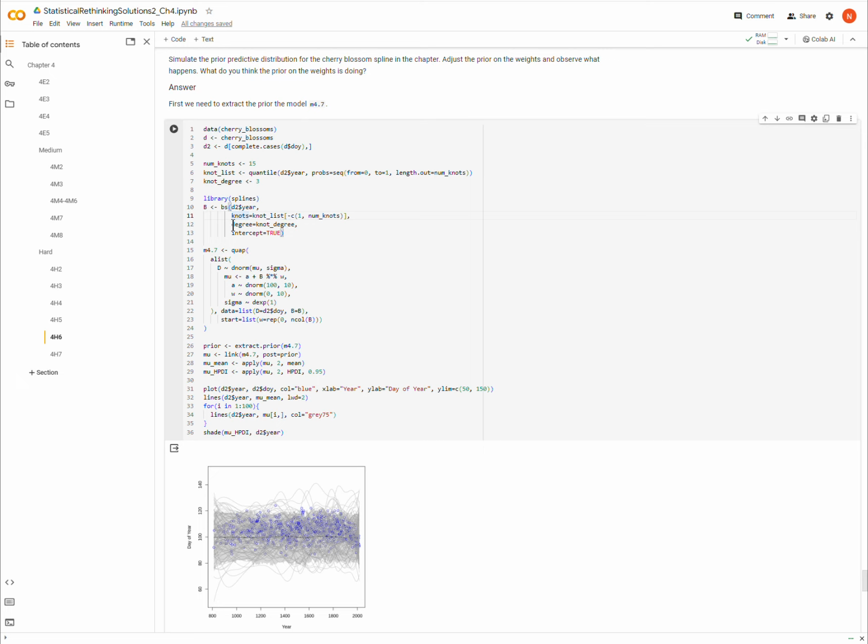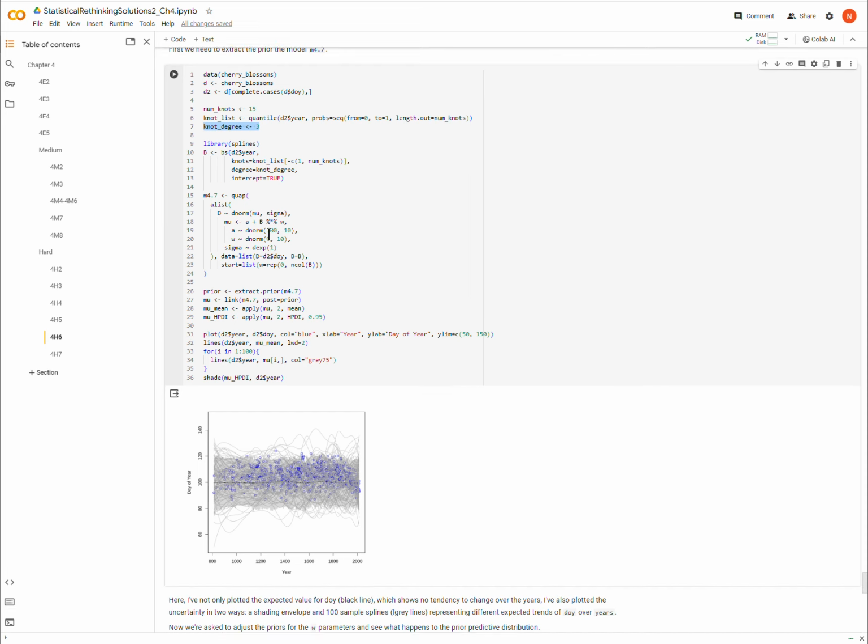Okay, and I'm going to define my knots here. Okay, so I have 15 knots, and I'm going to space them along the year, along the x-axis here, which is right here. And I'm going to use a third degree, a cubic polynomial for the knots, for the splines.